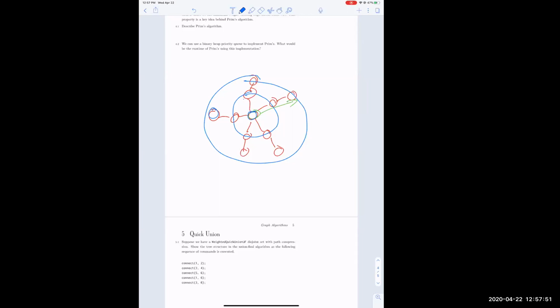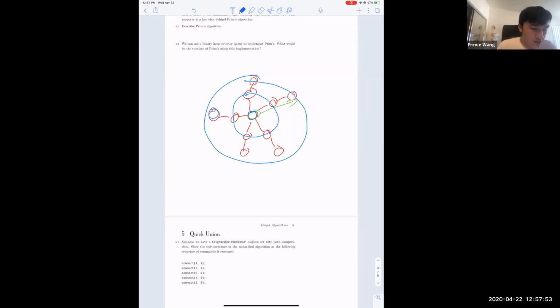Okay, so a very good thing about BFS is that it allows us to find the closest path to a node, because of the order of visit. You first visit all the closest neighbors, right?